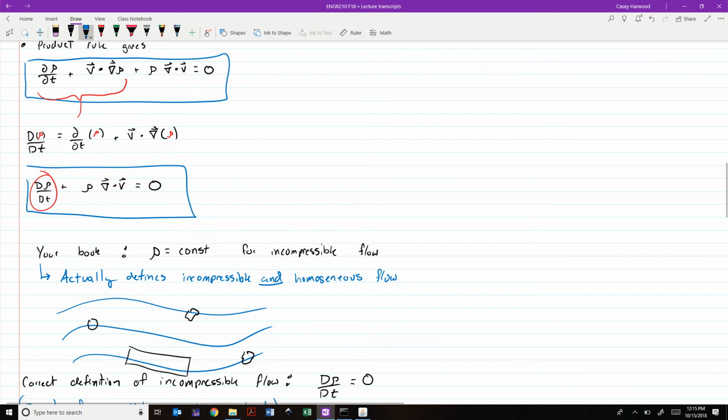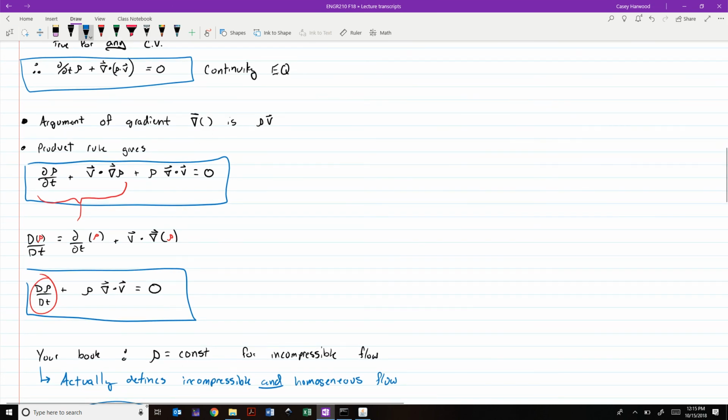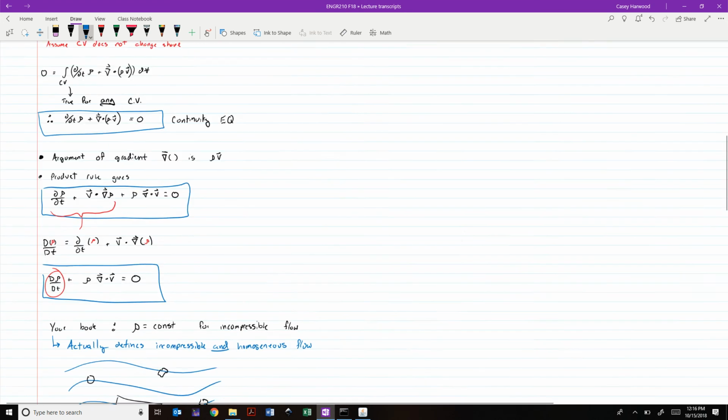So if you wrote everything out in expanded form, it would look exactly the same. Rather than using the material derivative, I used the first version of the continuity equation that we derived. And then I said the product rule expands that out. If you group those up differently, you end up with something in terms of the material derivative. And that helps us when we move into incompressible flow.